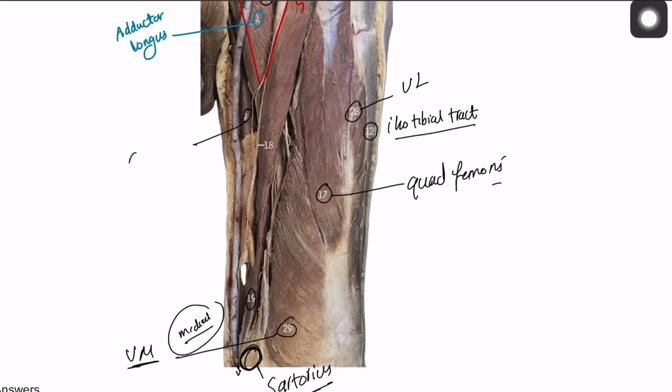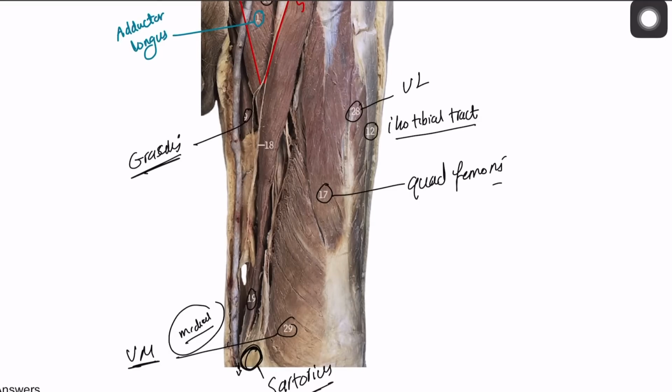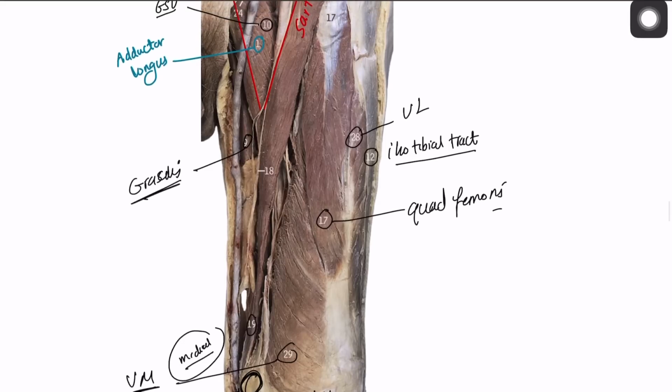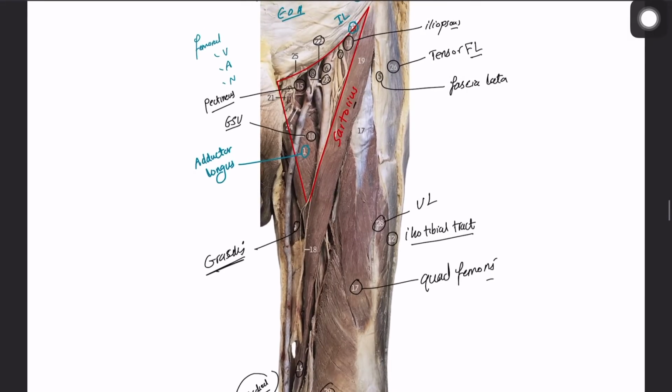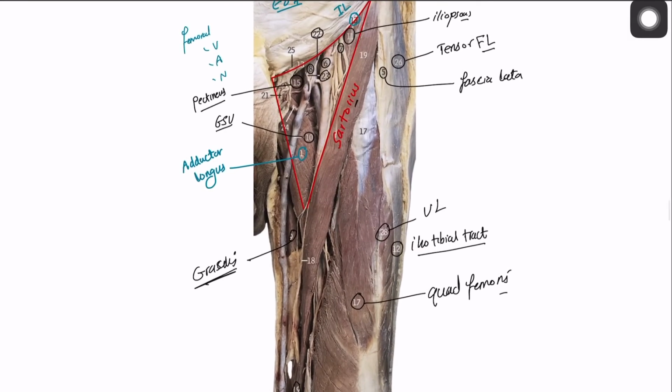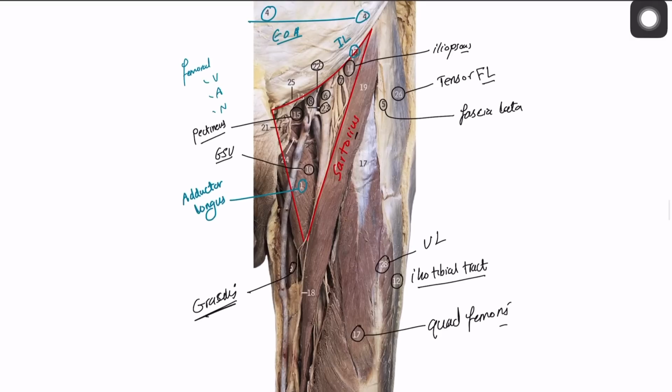And you have the semitendinosus as well, which goes into the same site, so GSS, the common insertion on the medial part of the upper tibia. So I think these are all the data on this nice dissection showing the anterior compartment of the thigh.